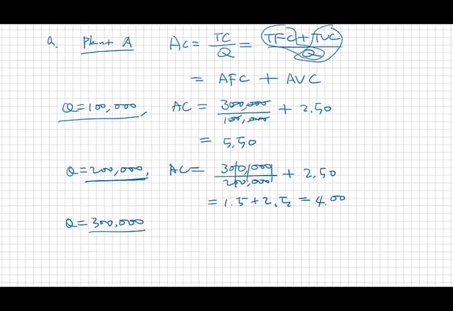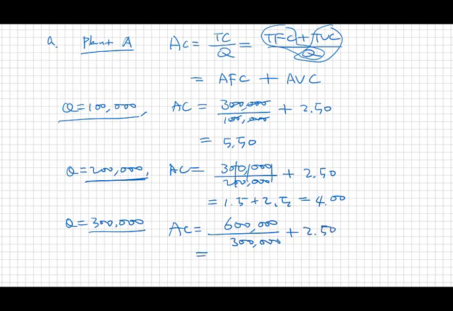So now to run two plant A's, you have total fixed cost 600,000. So here fixed cost changes as total fixed costs become double: 600,000 divided by 300,000. But then average variable cost stays the same at 250 per unit.